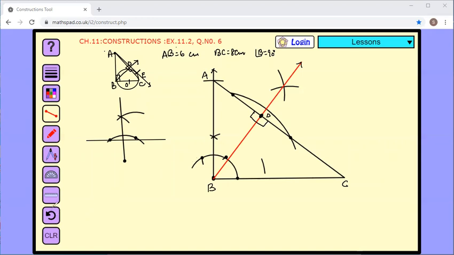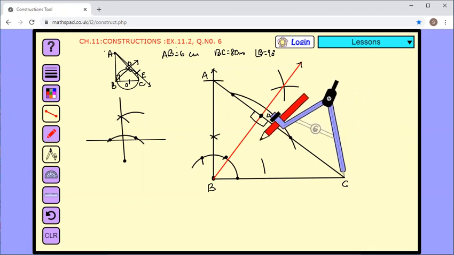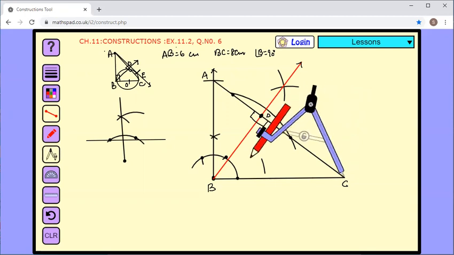So what will you do? You will draw the perpendicular bisector of BC. BC will become the diameter. So we will draw the perpendicular bisector of BC to get the midpoint of this BC. Getting?